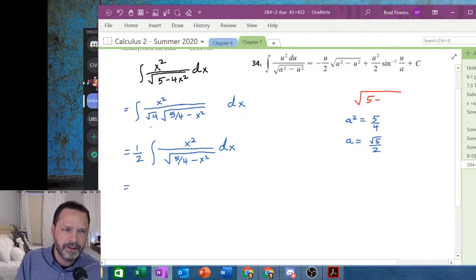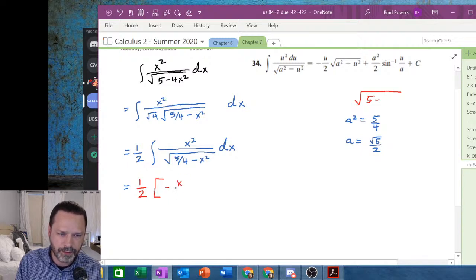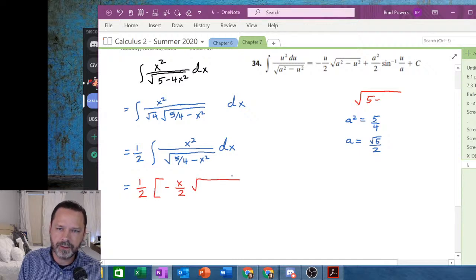So that's going to be 1/2 times, I'm going to use a big bracket here, negative u over 2. Our u is the same as x, flat out. So it's going to be negative x over 2 times root a squared minus u squared.